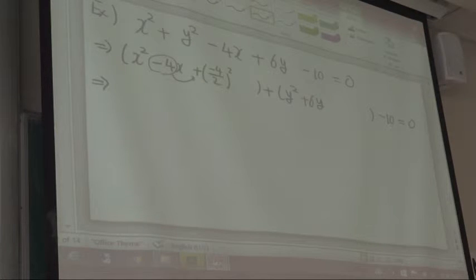And we add 4, that means to keep the equality, we subtract the 4. So I didn't change anything, just add and subtract the same number. And the same for the y term, take the number and divide it by 2 and take the square, which is 9. 6 over 2 is a 3, 3 squared is a 9, so subtract the 9.